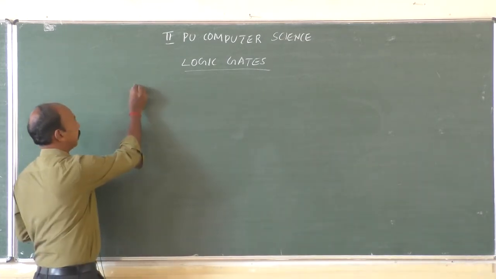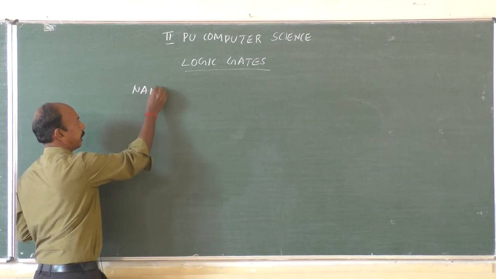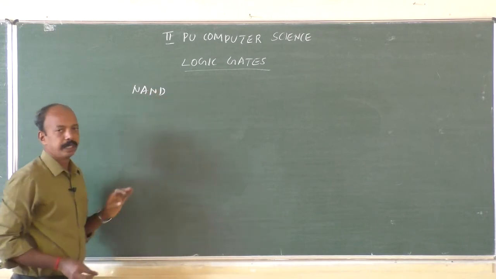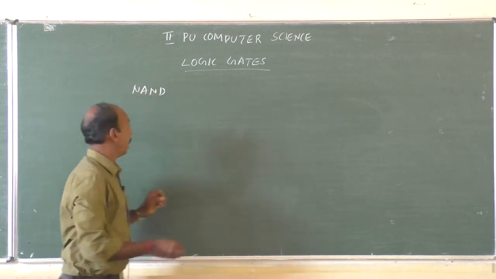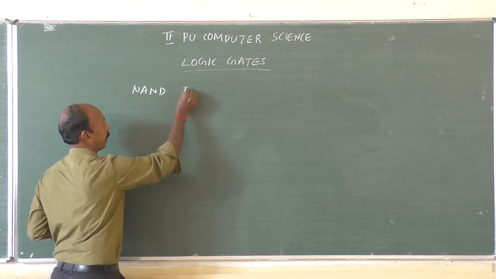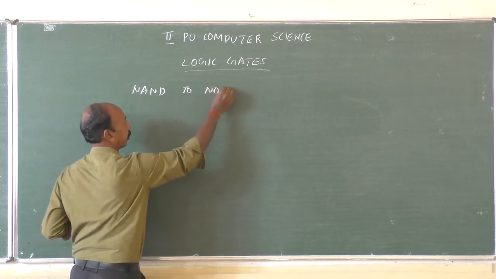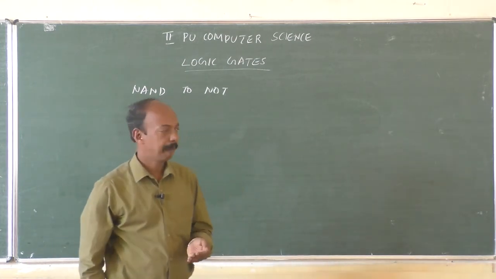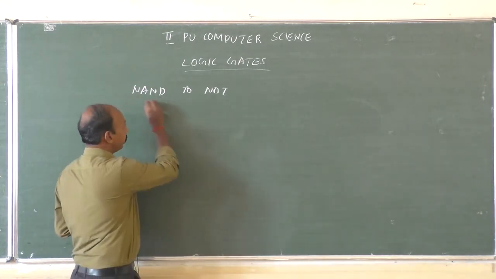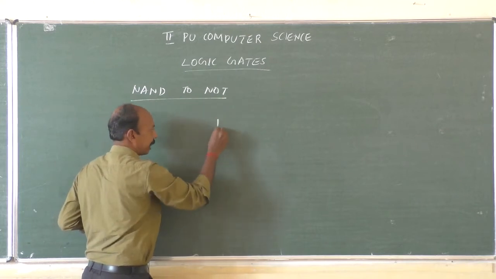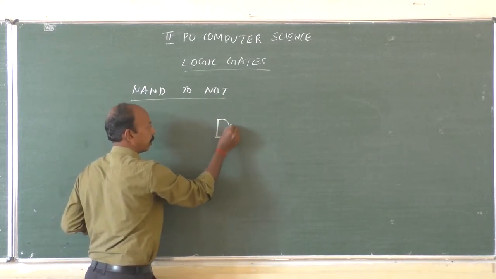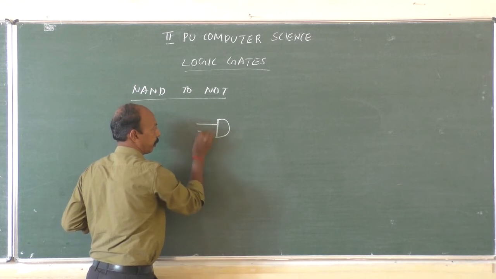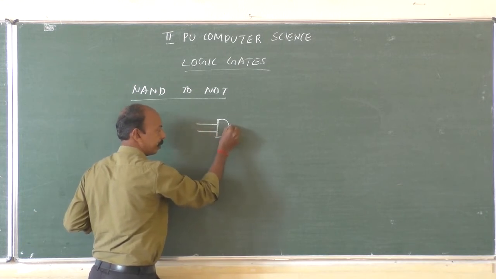NAND gate we shall consider. First we shall take NAND to NOT, or deriving the NOT gate from the NAND gate. We have seen how the NAND gate works. What is the minimum criteria for the input?